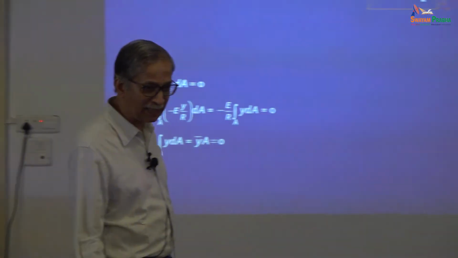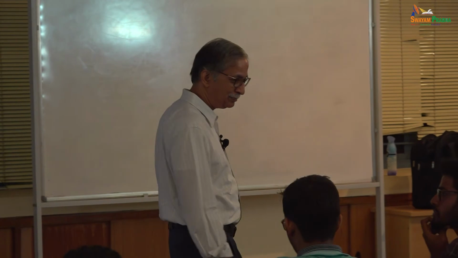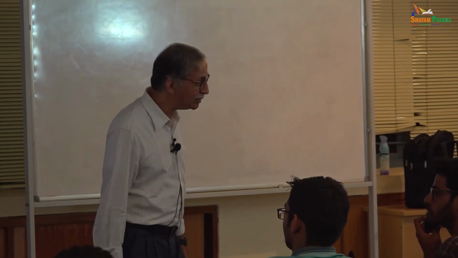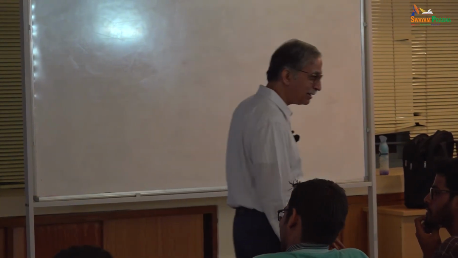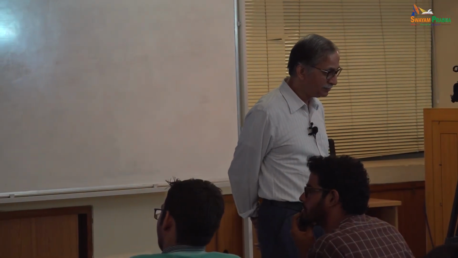I might as well ask you, you've done limit states design, right? In reinforced concrete design, is this true at the ultimate limit state? Is the neutral axis the same as the centroidal axis? Why not?